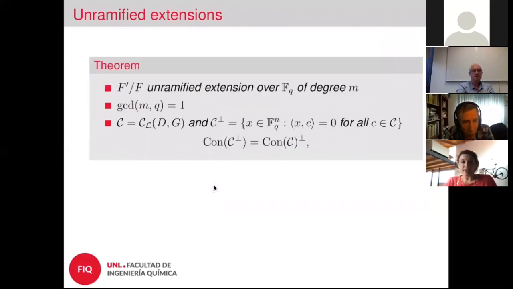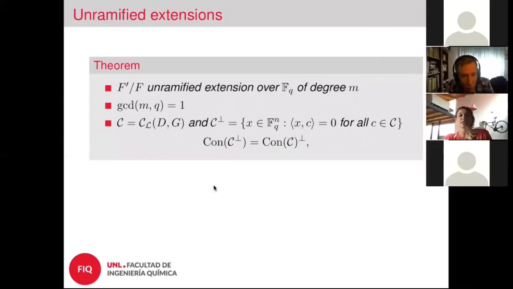So another interesting thing that happens in unramified extensions is that if the degree of the extension is coprime with q, then the dual code of the conorm code is exactly the conorm code of the dual code of C. Here, the dual code is just the orthogonal complement of the code C in F_q to the n with the standard inner product.